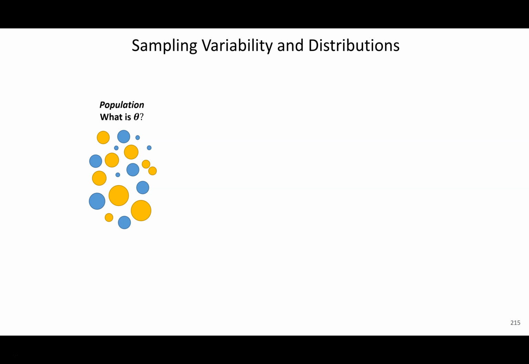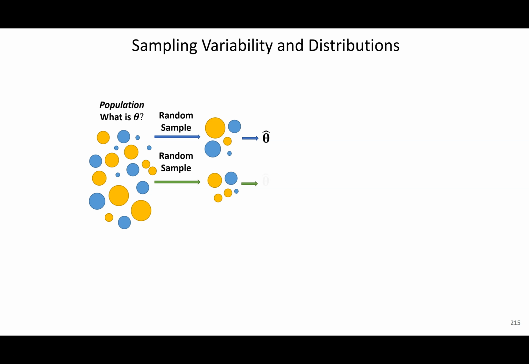Eventually, in weeks 8 and 9, we might also look at slope coefficients, but not yet. So you take a random sample, calculate the sample statistic, and repeat this. Take another random sample, calculate that sample statistic.